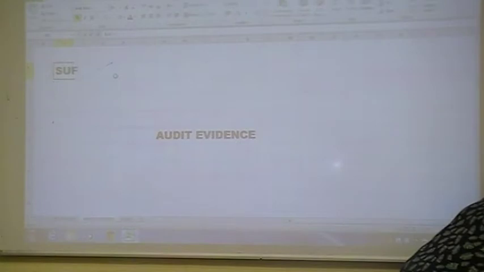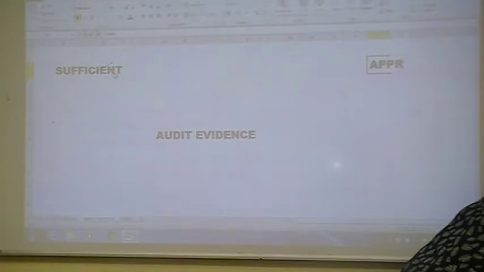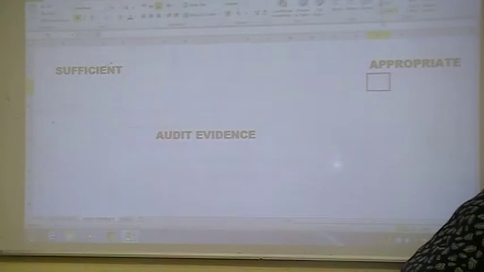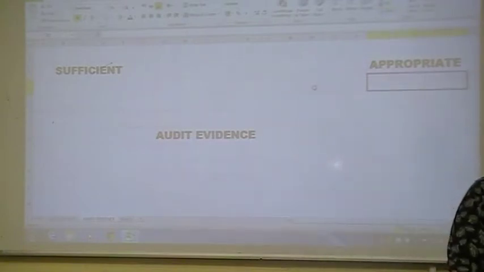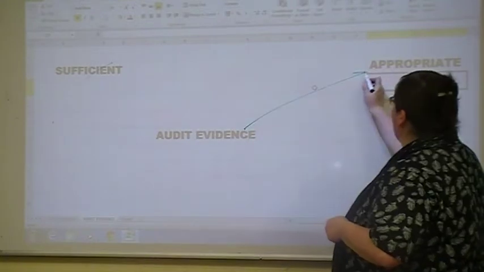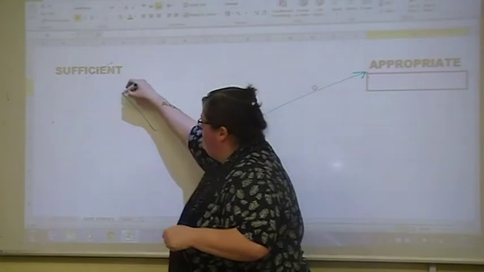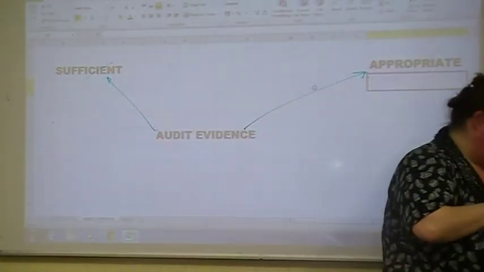You need sufficient and appropriate audit evidence. What you do is bring a little arrow over, so you've got your audit evidence must be appropriate and it must be sufficient across from it.